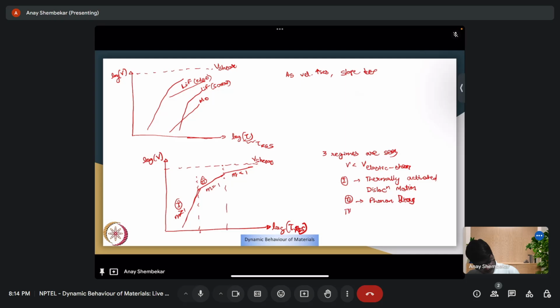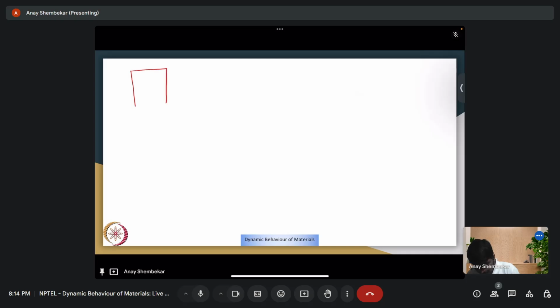Region 3 corresponds to relativistic effects. For the thermally activated dislocation, I'll just have one small point. So suppose this is your material. This is my dislocation.